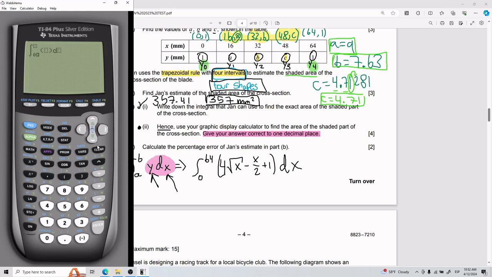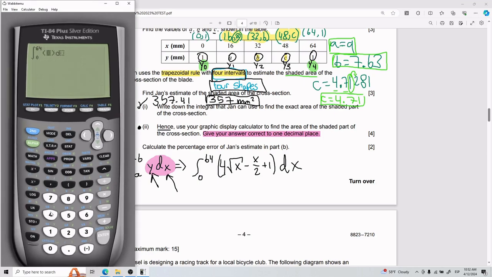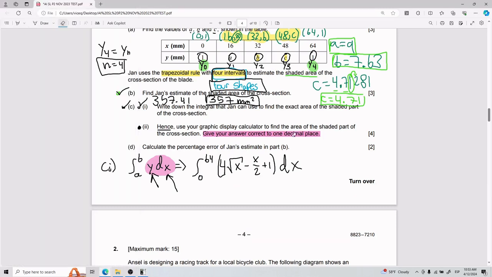Here you plug in from 0 to 64, with respect to the function 4 square root x minus x divided by 2 plus 1, the integral with respect to x, and you press enter. It loads a little bit because, hey, integrals are not easy, but eventually that's what you get. So my answer was 405.3333.